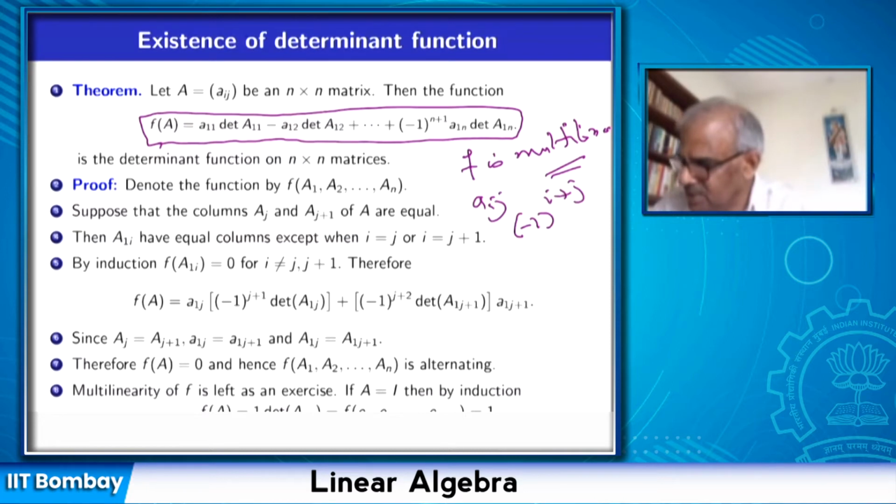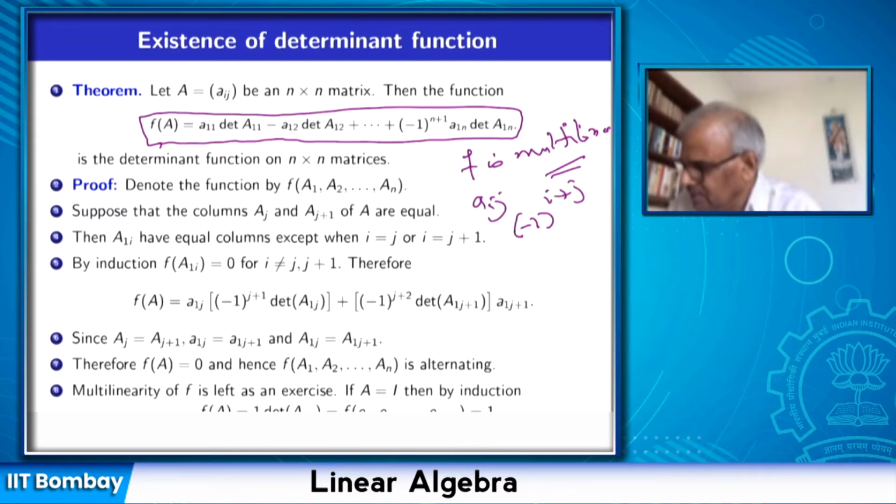So suppose I expand by the second row. Then the entry in the second row and first column, A21, is multiplied by the determinant of A21, and the sign will be minus 1 to the power 2 plus 1.